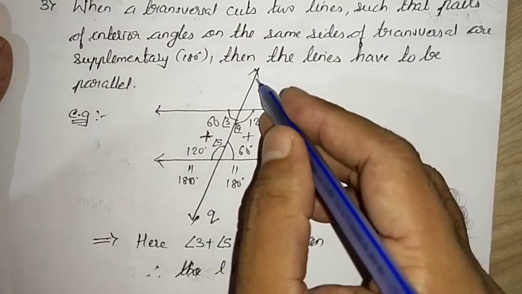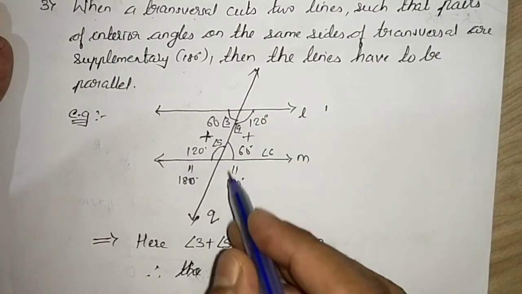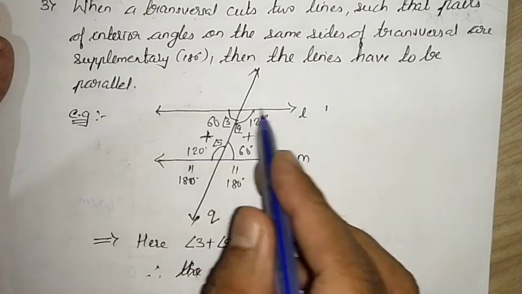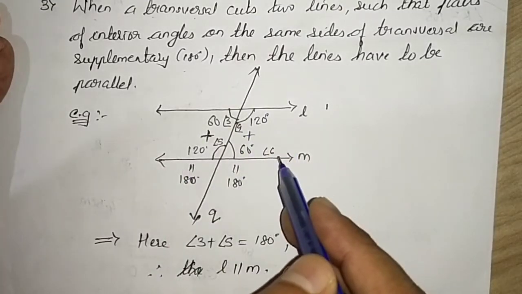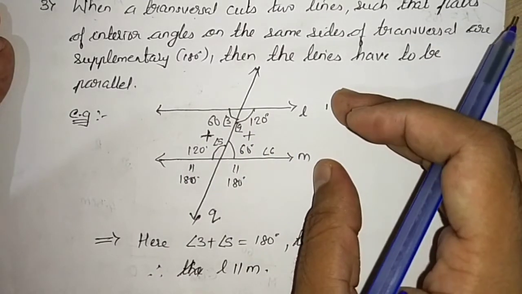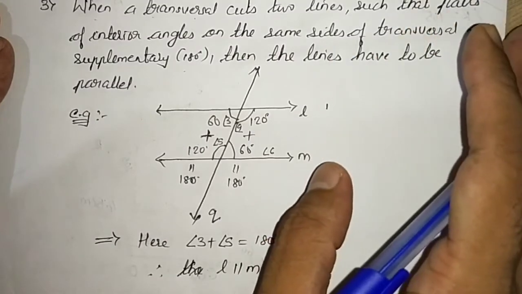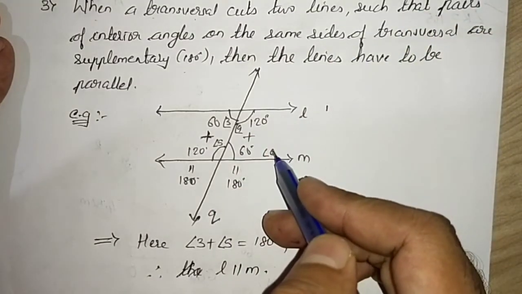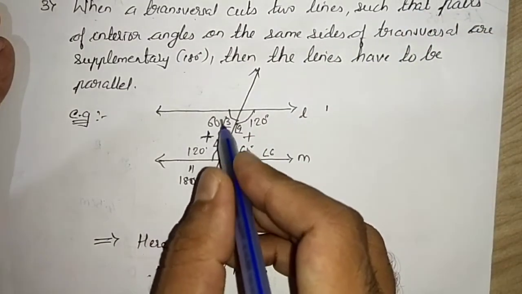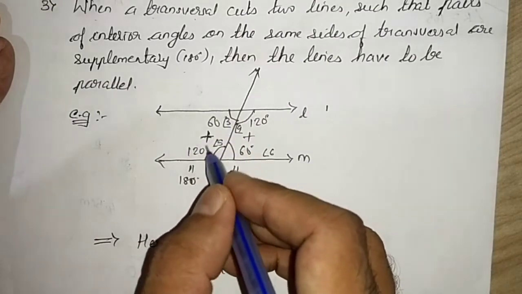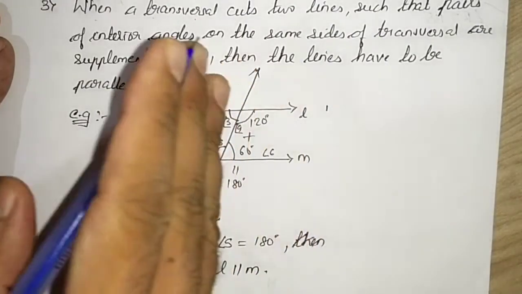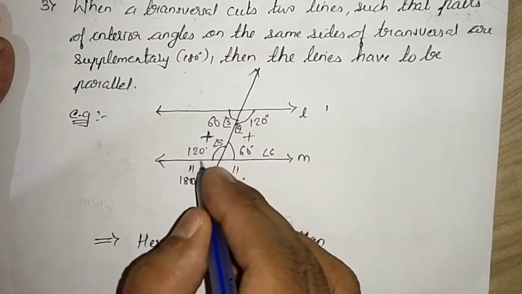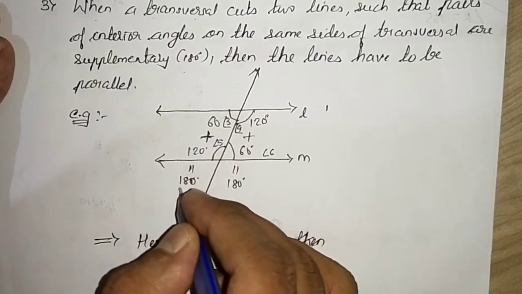Let us say this transversal Q is cutting the two lines, whether they are parallel or not is not given, but it is making the co-interior angles, or the angles on the same side of the transversal, sum to 180.